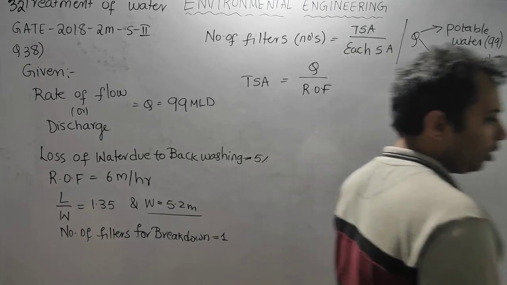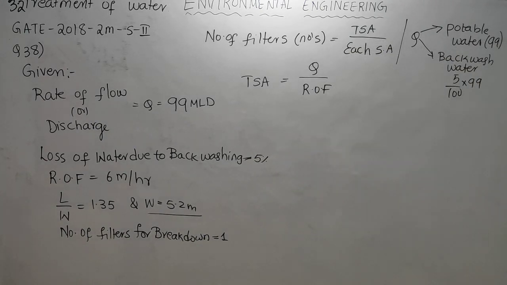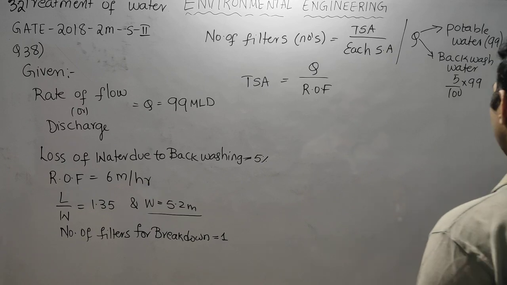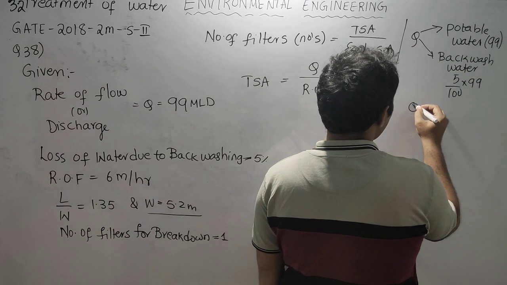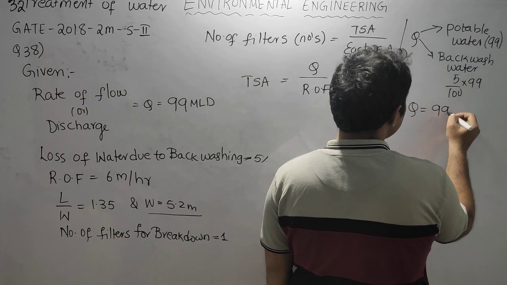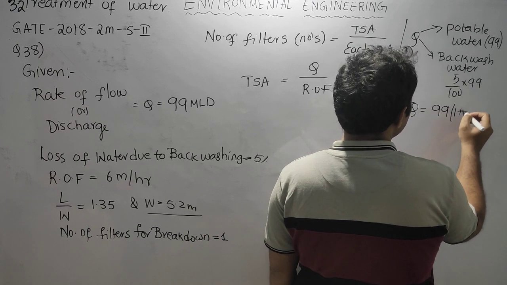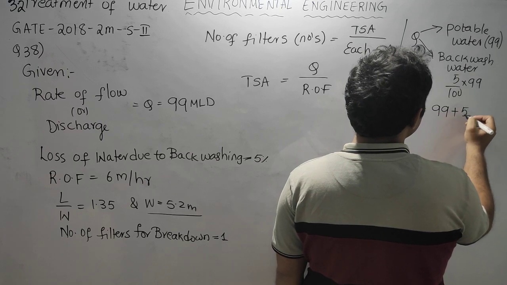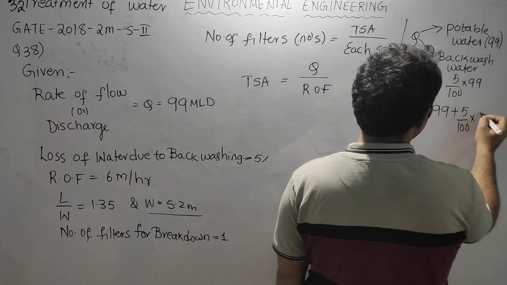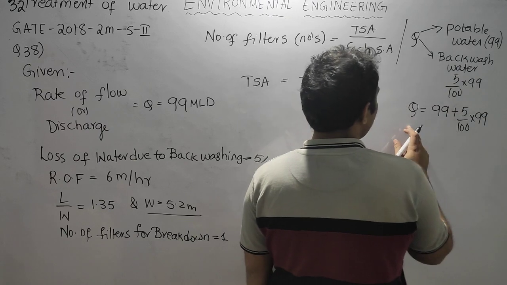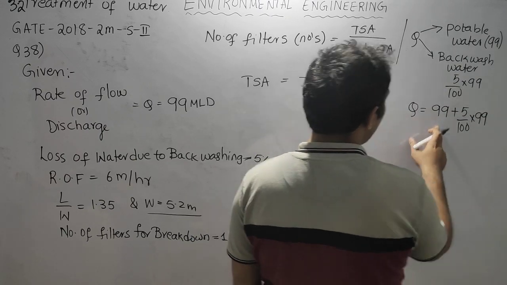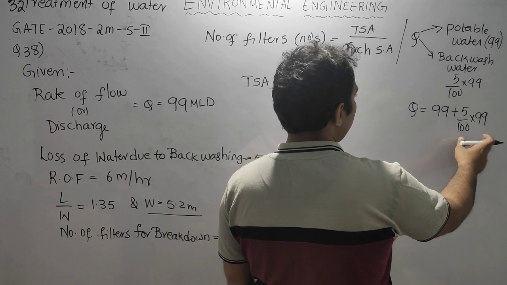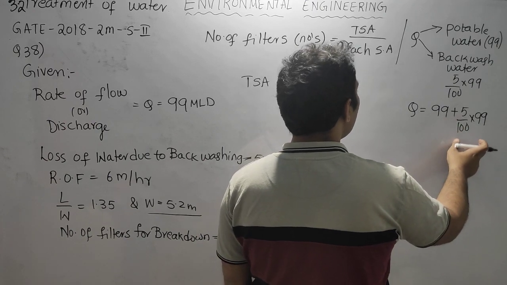So the total water we need to produce is 99 plus 5 by 100 into 99. 99 is the potable water which will go to the community, and this 5% of the potable water will go back for backwashing.